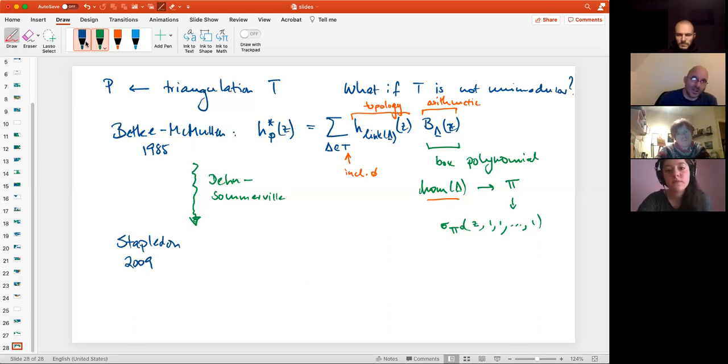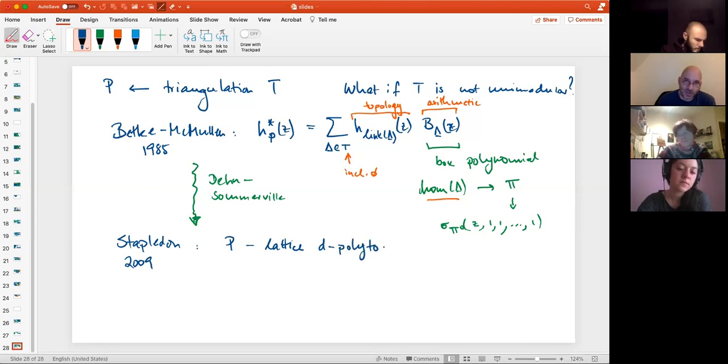And so Stapledon realized that you can tweak the Betke-McMullen theorem just a little bit in the following way. You have a lattice polytope of dimension d.